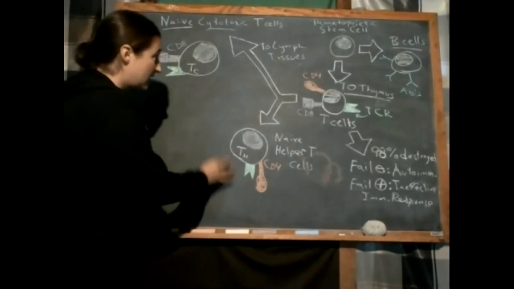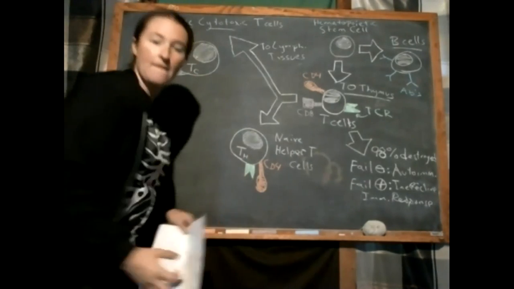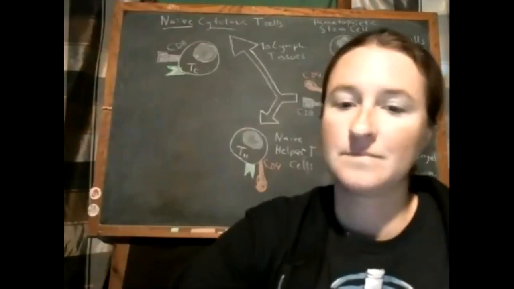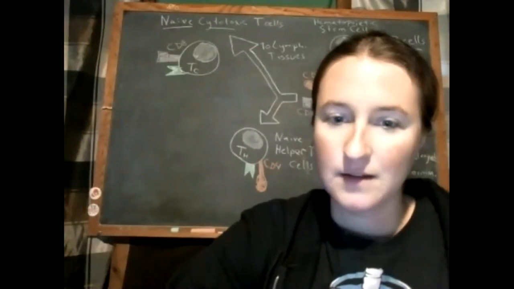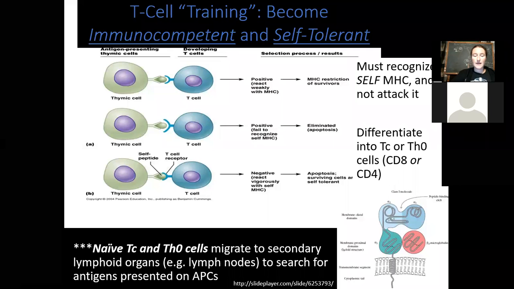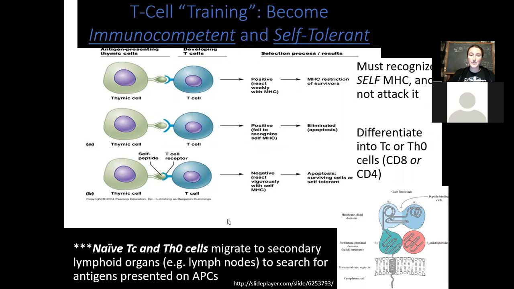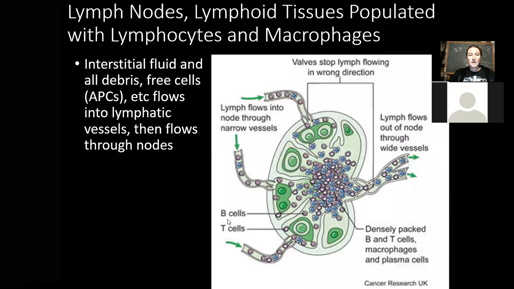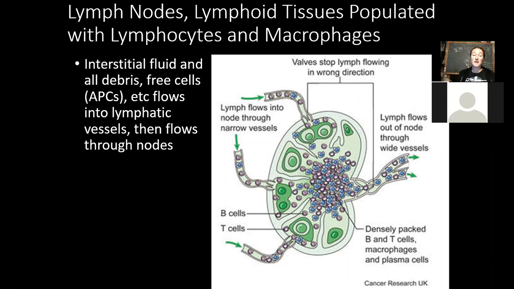All right, so these are in the nodes. Okay. Only 2% of them are surviving and can go to the nodes. Okay, so what's happening in the nodes? Remember from our last lesson together that there are many lymphatic vessels that flow into the convex surface, right?